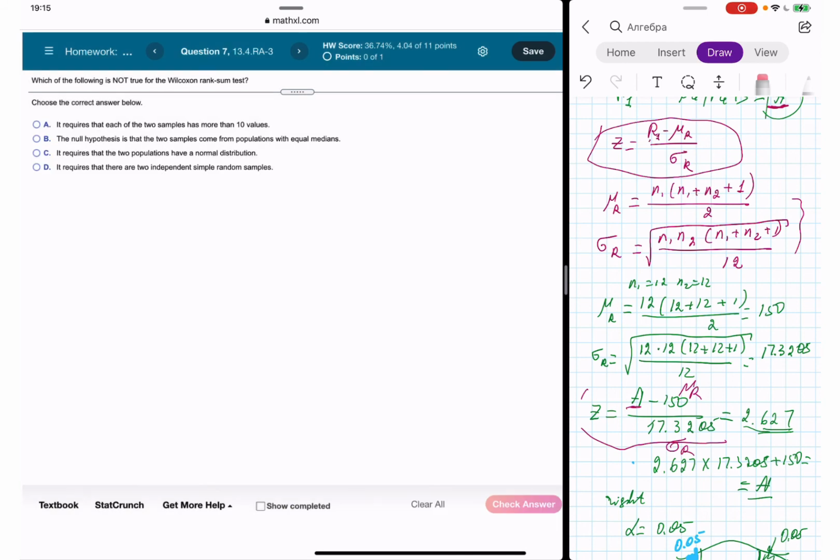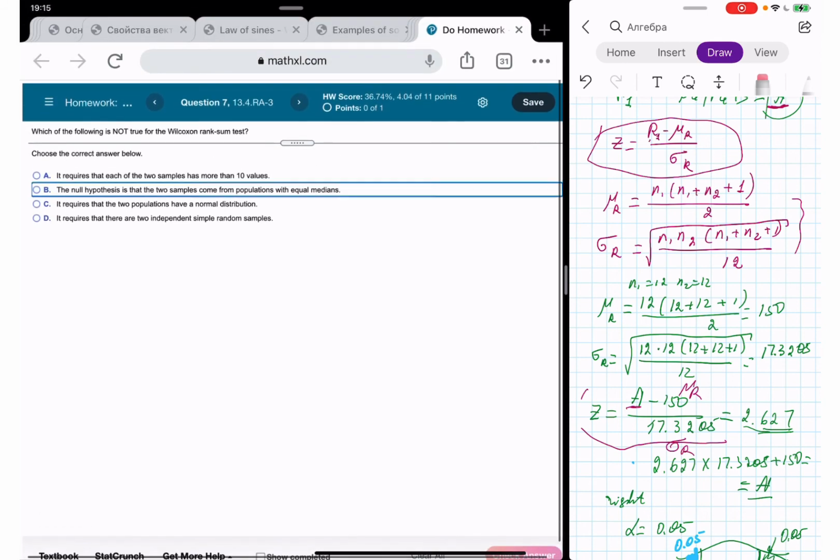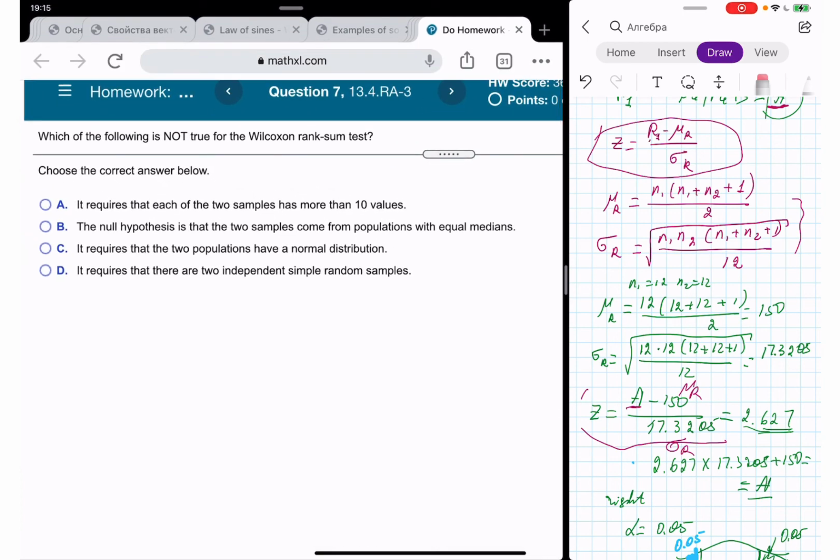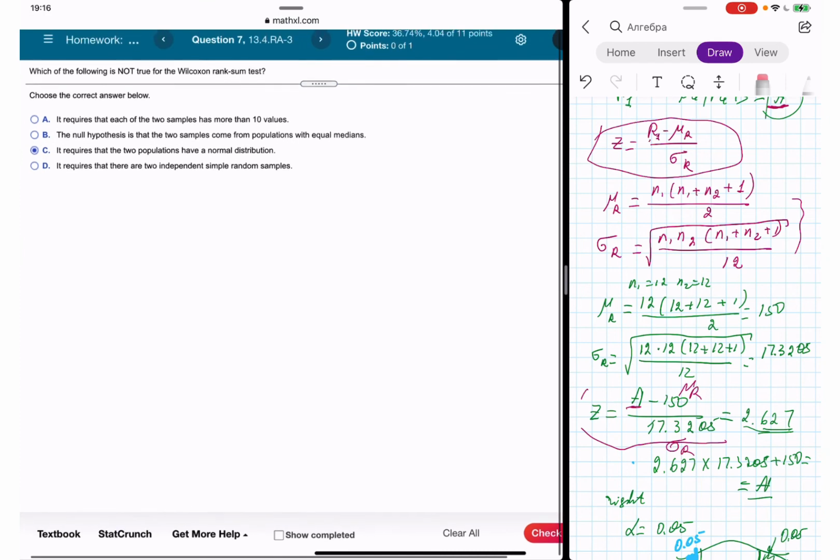Everything else is correct, matching Wilcoxon rank sum. Okay. Number 7, which is not true for rank sum? Two populations having normal distribution is absolutely not required.